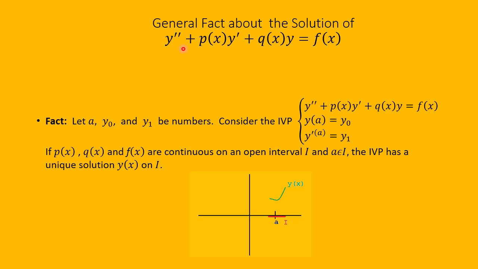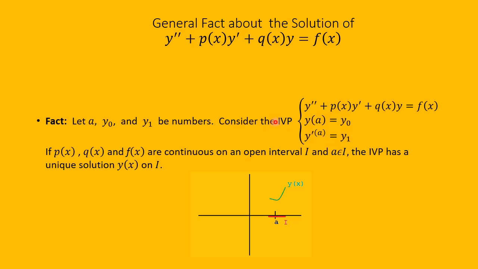Let's look at a general fact about solutions to this second order differential equation. Let's suppose that a, y0, and y1 are numbers. The a, y0, and y1 are in these initial conditions.